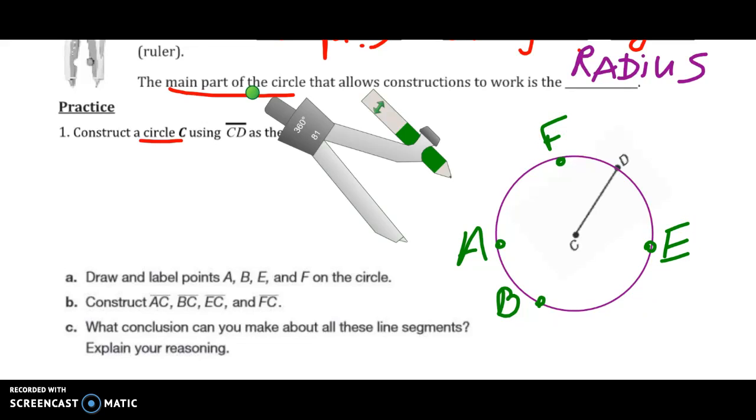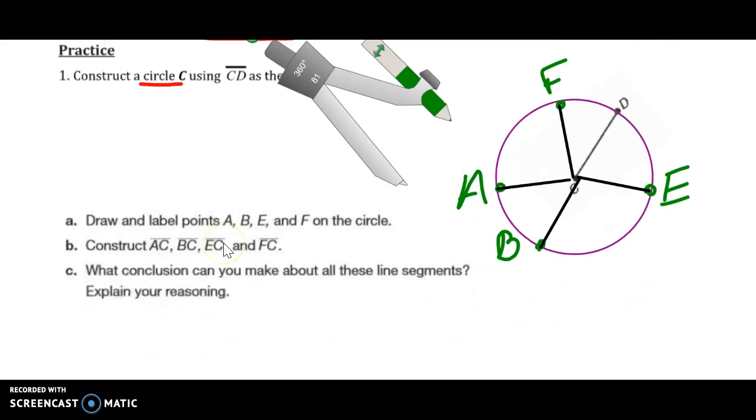And then it says to construct, meaning draw, the radii, or these segments, A to C, F to C, E to C, and B to C. What conclusion can you make about these line segments?